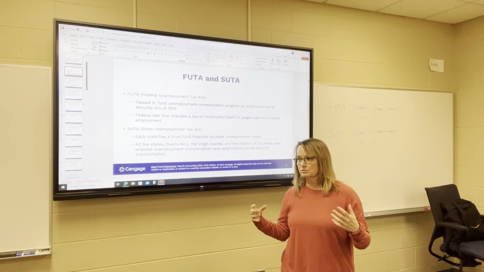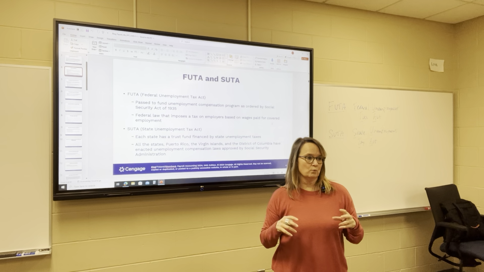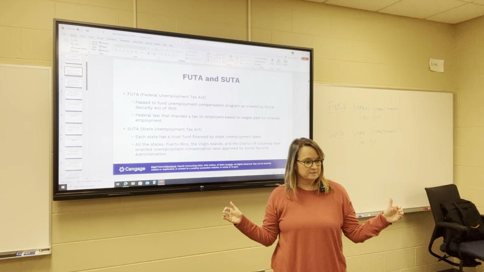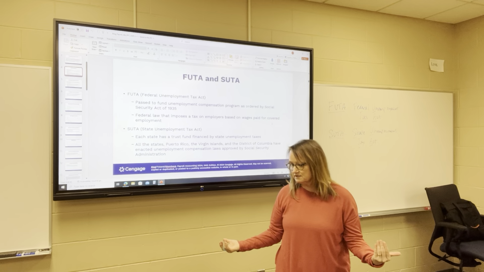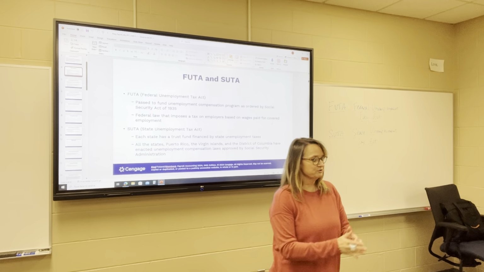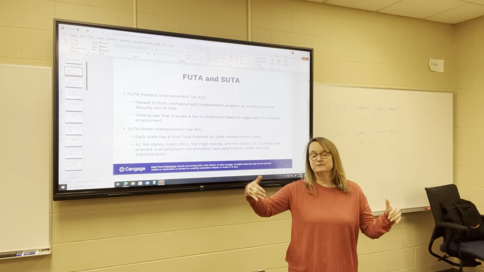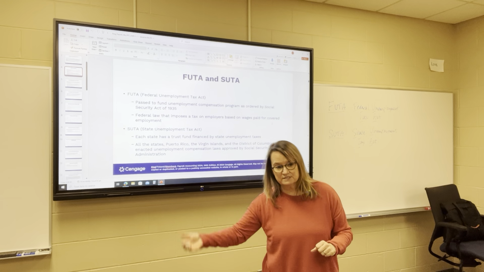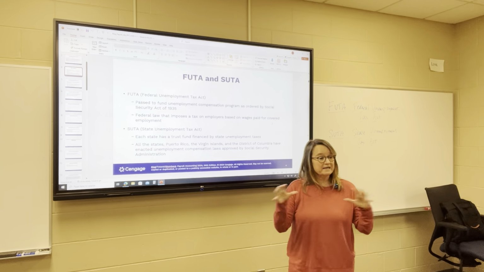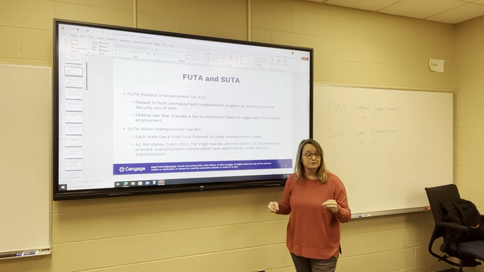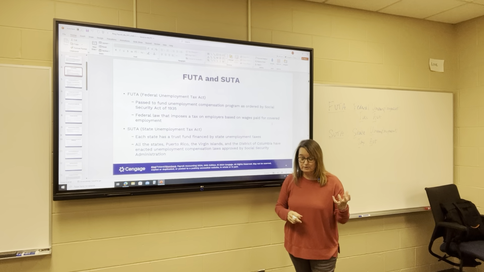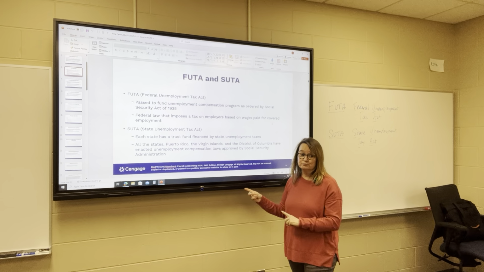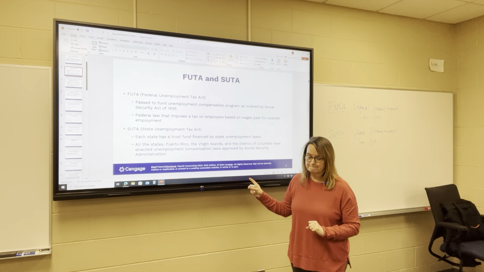They can have their own rules regarding what the benefit period is, like how many weeks somebody can receive unemployment benefits, after what period of time, how long do you have to be unemployed before you can start receiving those benefits. They can make their own rules. Each state has the ability to make their own rules on those things. However, it has to be approved by the federal government. Okay.